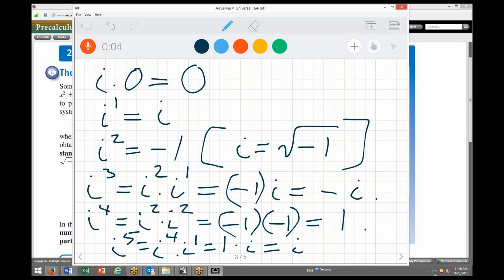And you see what happens. We're back to i to the first again. So with i to the fifth, it's simply i, the same as i to the first. And the pattern does continue. i to the sixth is i to the fourth times i squared, which is just 1 times i squared, which is just 1 times negative 1. It's negative 1.